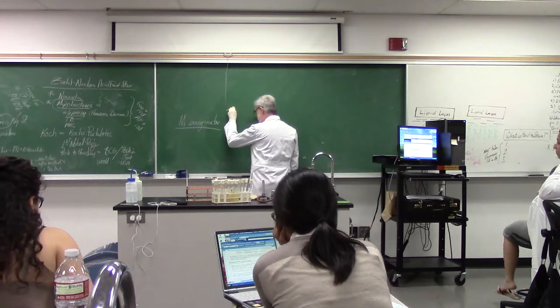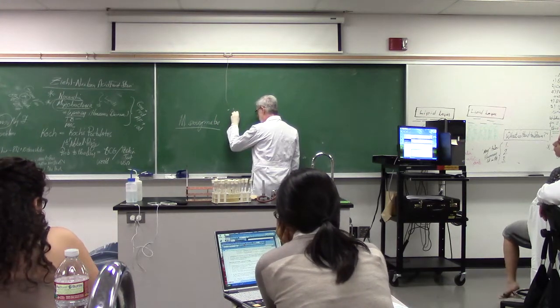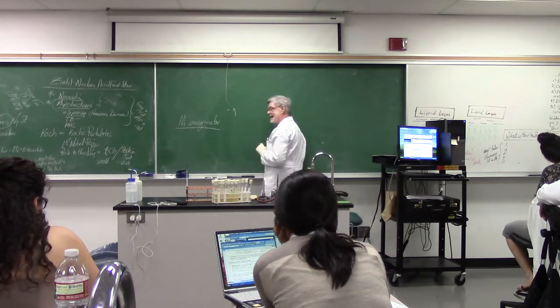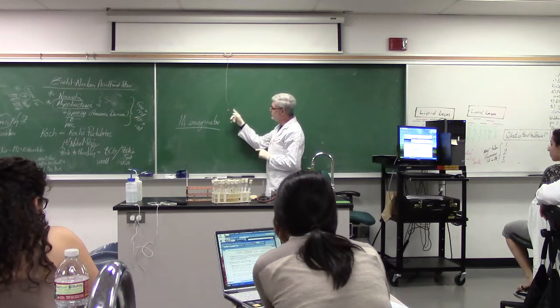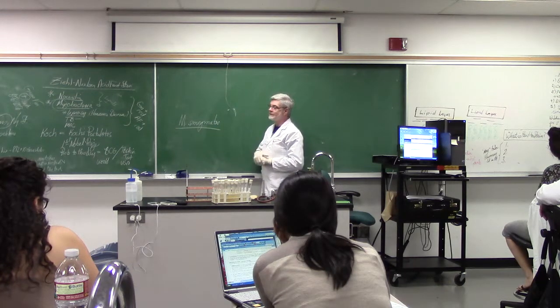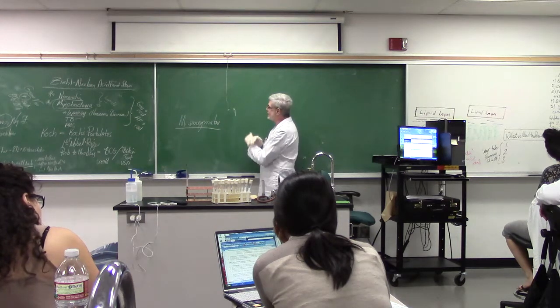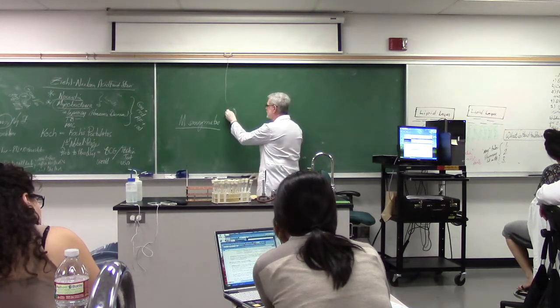It is a very small rod that is clear, and it has a nucleus toward the fat end, not the sharp end, but the fat end, that is electron dense. And so when it stains on the gram stain, lots of people say, oh my goodness, it's a cocci.